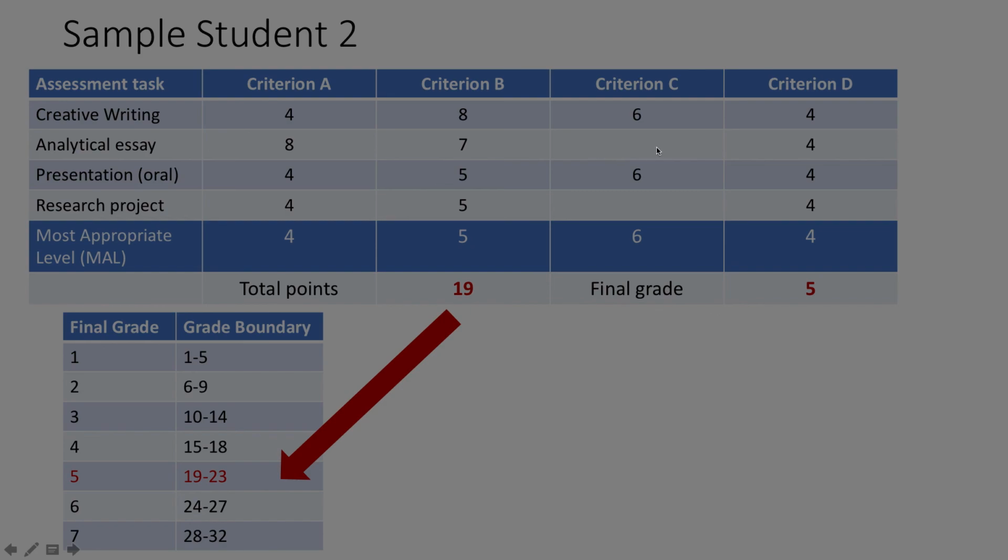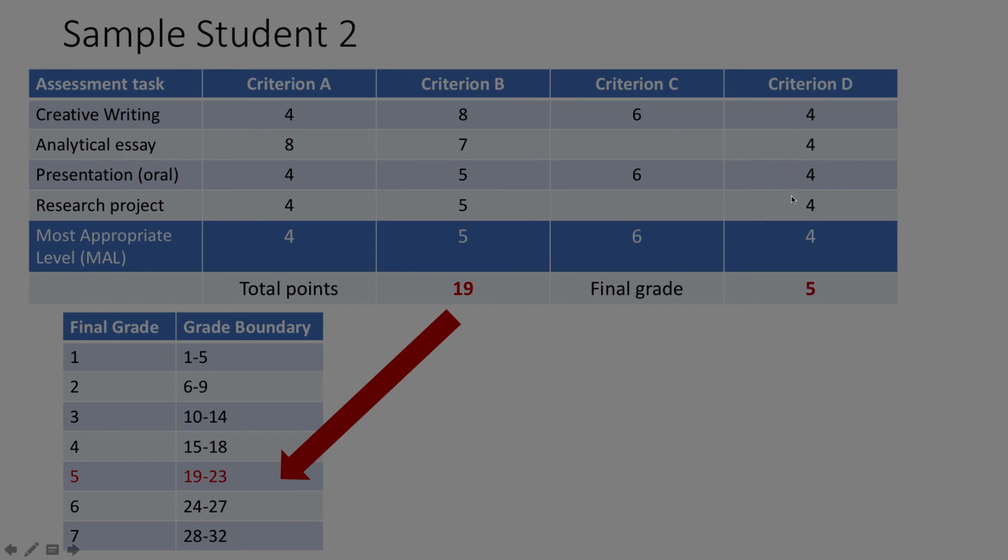Now note here on criterion C for the analytical and the research project, criterion C wasn't assessed. It was not relevant, so it's left out. There are only 2 assessments there for criterion C. Both are a 6, so it is absolutely certain that 6 is the most appropriate level.